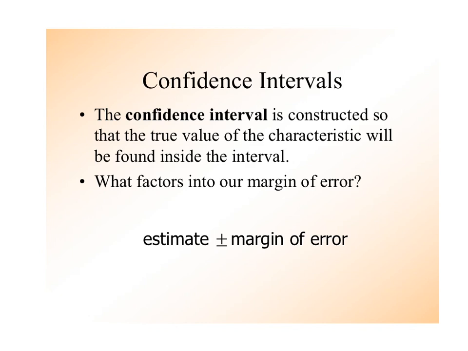Then the question would be, what factors into a margin of error? Remember, the confidence interval is equal to an estimate plus or minus the margin of error. So keep that in mind.